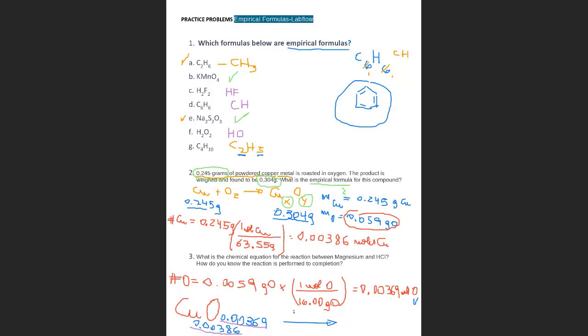I divide both numbers by 0.00369 in order to get just whole numbers. So for the empirical formula, I round to a whole number, and I get just 1 and 1, but we don't write that. Any questions on this example?